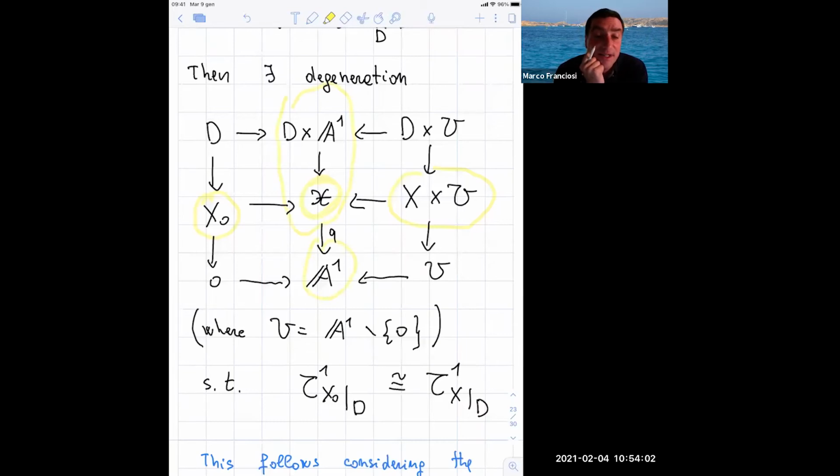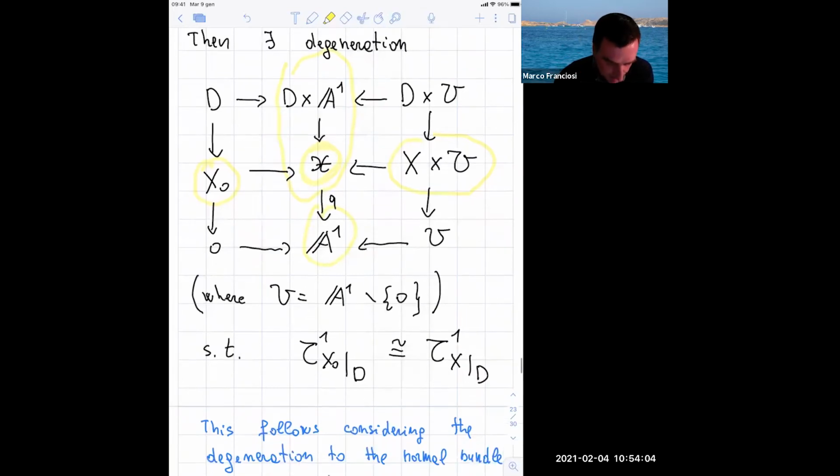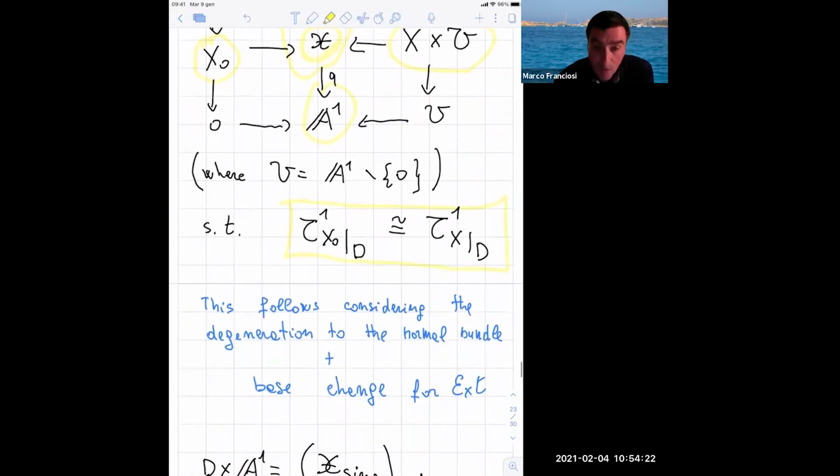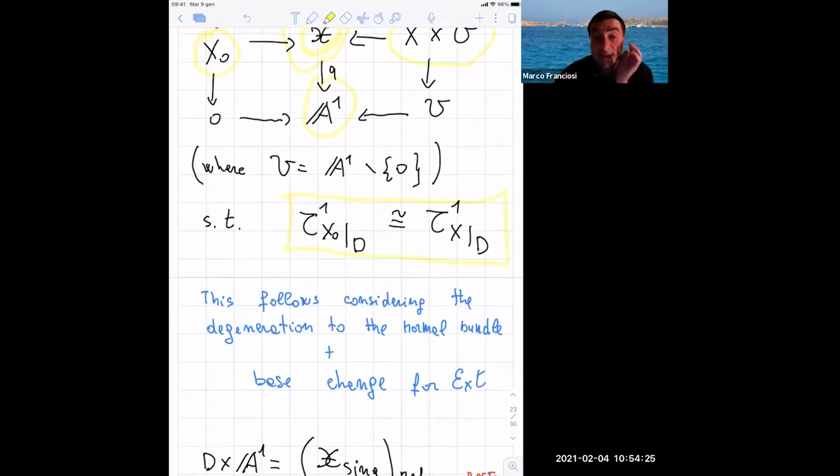The key point is that T^1 of X0 restricted to D is isomorphic to T^1 of X restricted to D. This is the key point. How can we see this? This follows just by considering what is called the degeneration to the normal bundle, sometimes called degeneration to the normal cone, plus a result about base change for T^1.